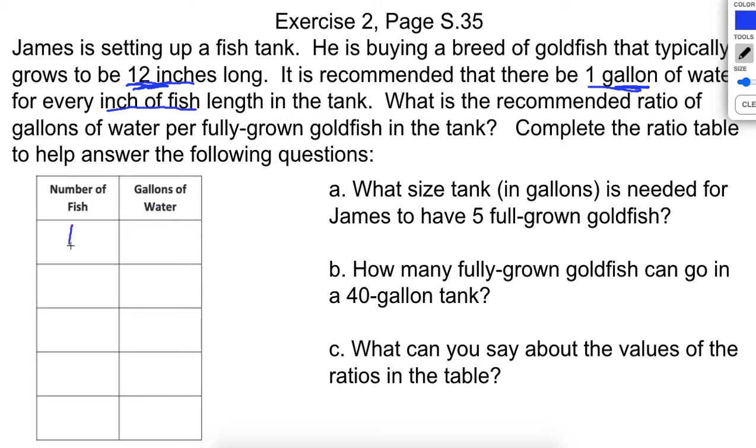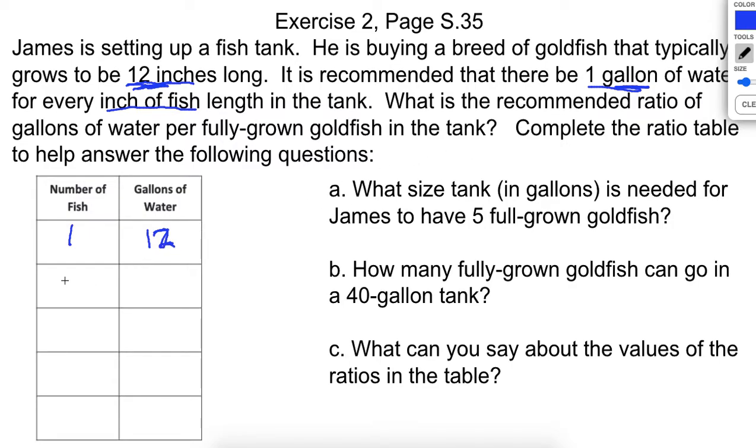So if we have 1 fish, that means it would be 12 inches, so we would need 12 gallons of water. So on that one you have to pull the ratio out. You have to figure out what the ratio is, because it's not just 1 to 1. It's 1 gallon for every inch, and the fish are going to be about 12 inches long. So every fish is going to need 12 gallons of water.